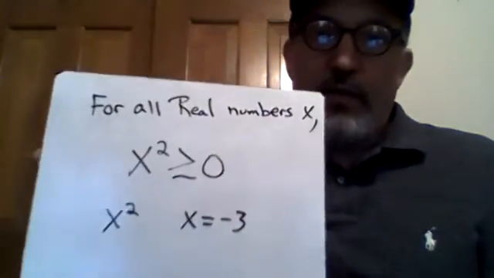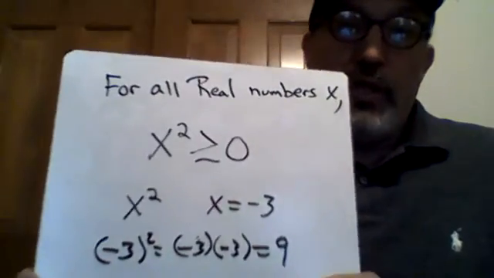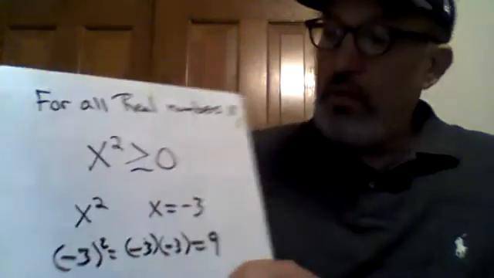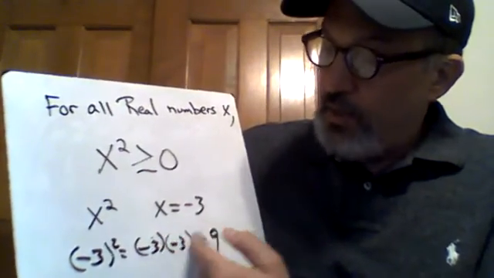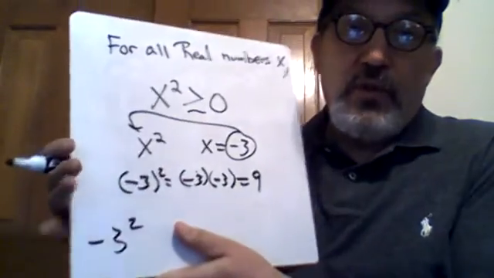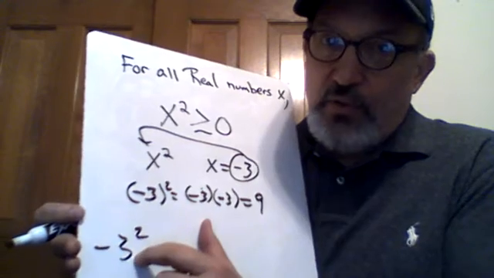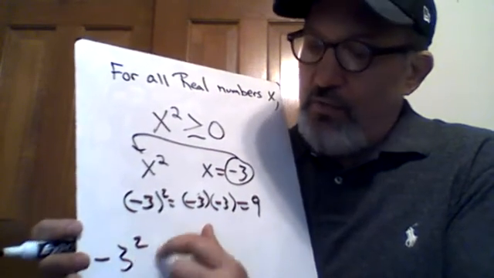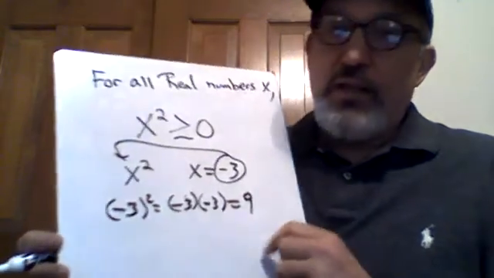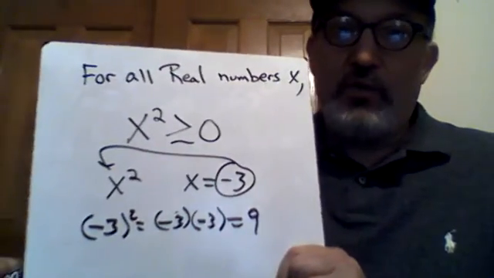If you're going to evaluate x squared and x is negative 3, you have to either think about it or write it like this, inserting the parentheses and realizing that what you need to do is multiply negative 3 by itself. So negative 3 squared is negative 3 times negative 3, or positive 9. If you just take the negative 3 and put it where the x is without the parentheses, as I said before, we agree to see this as the opposite of 3 squared, which would be negative 9. So mentally insert those parentheses when you're evaluating x squared.